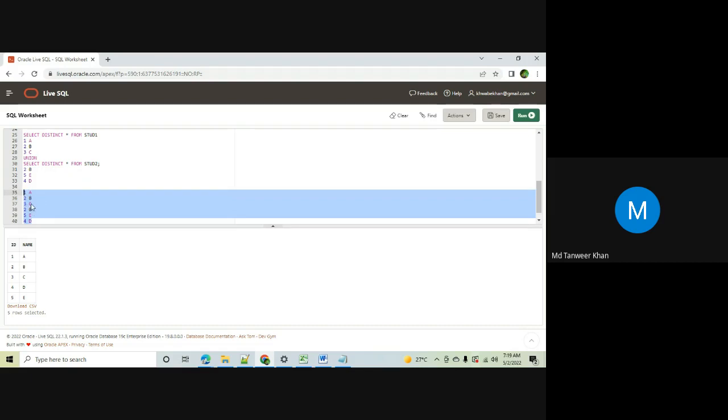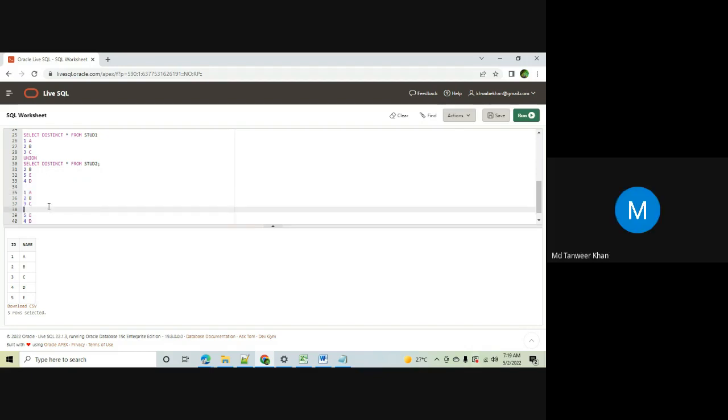So do you find any duplicate here? Yes. Okay, 2B is a duplicate, so it will remove one value, and this will be your output. Is that clear?